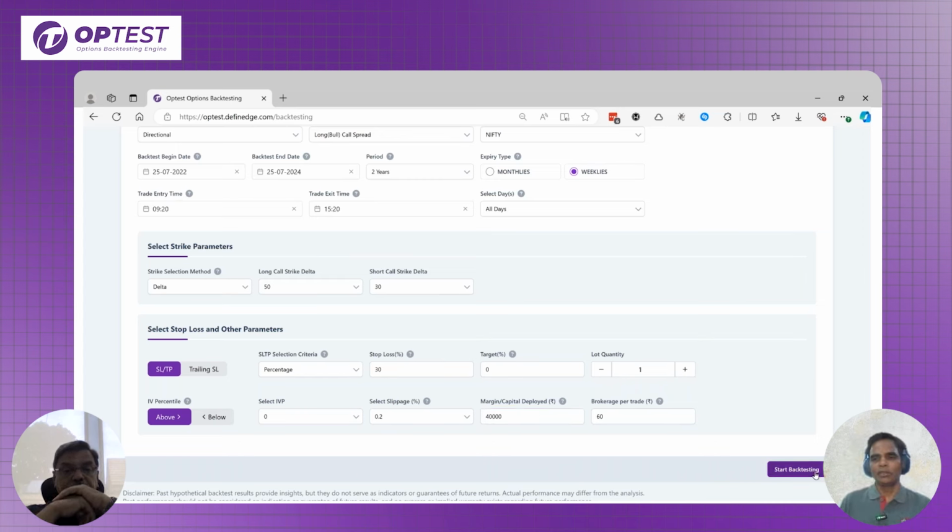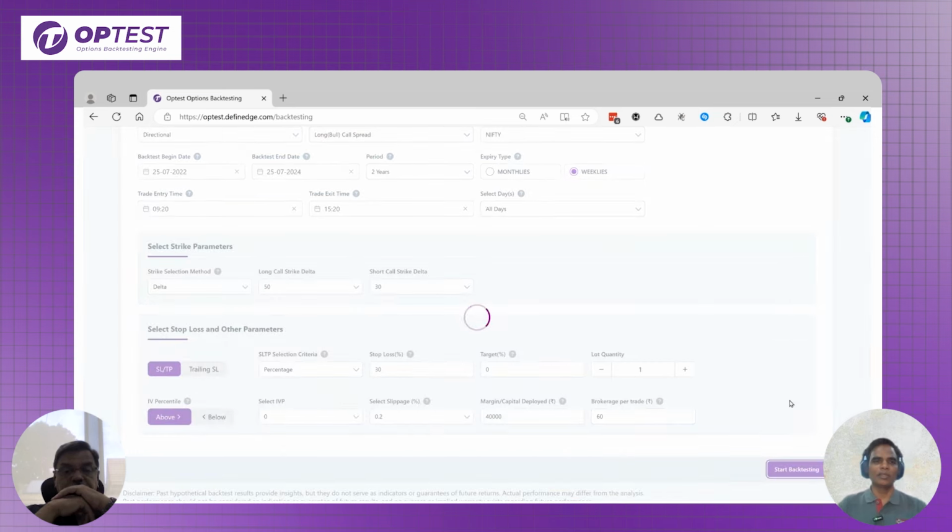All right, so let's do backtesting. We will see actually if there is any merit in these kind of time-based directional strategies. I'm not sure whether this will work or not, but we want to still provide. Maybe somebody knows something that we don't know, that they might have worked out at some point of time.